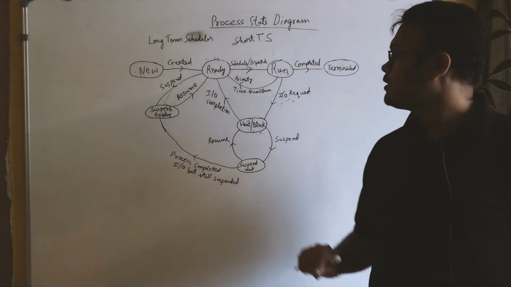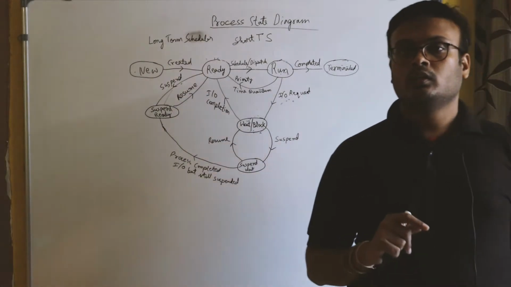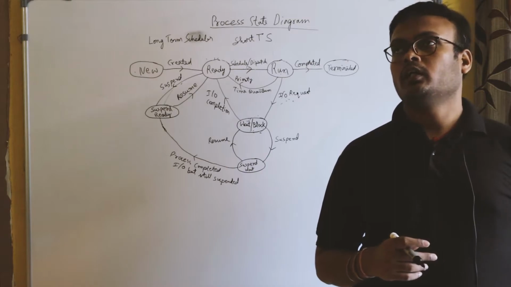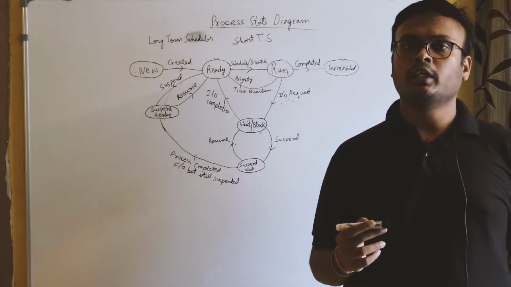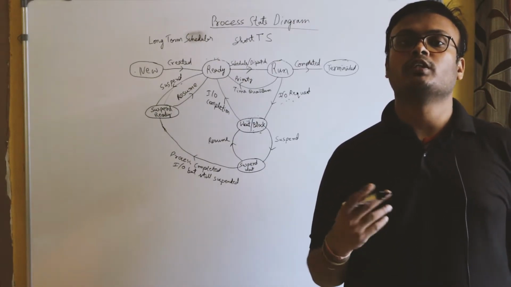So what is suspend ready state? Suspend ready state means, the processes which are in the hard disk, suddenly one process which is present in the hard disk wants to get executed earlier because of its high priority.